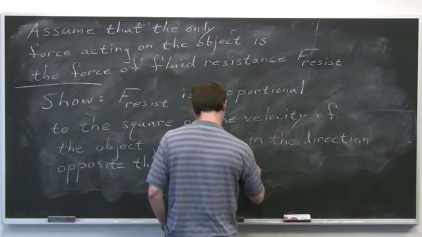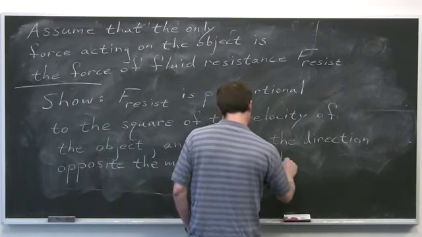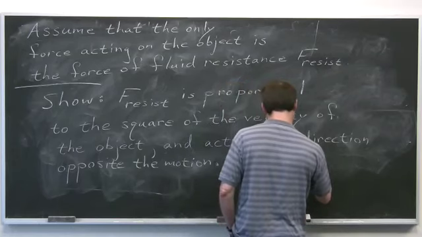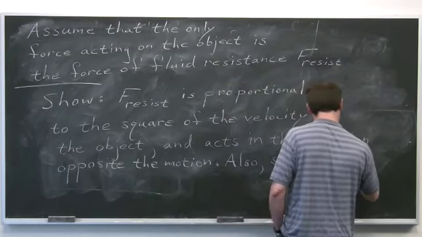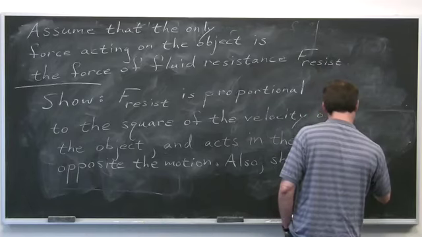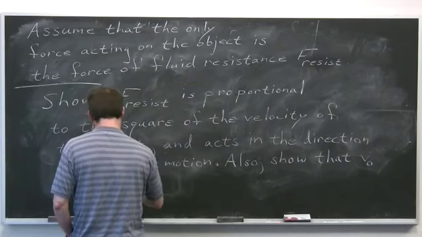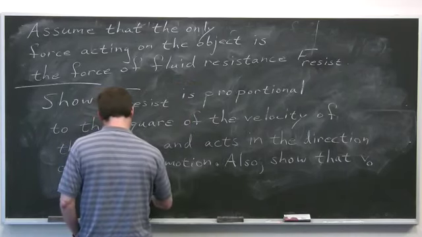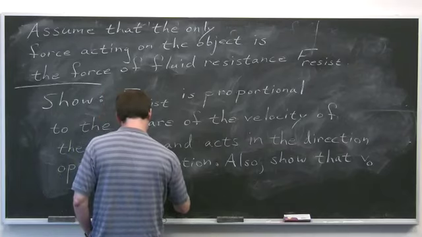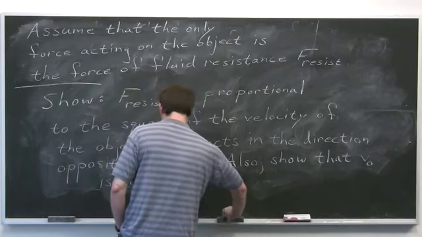And while we're at it, also show that the v naught that I just said was some constant, show that v naught is the initial velocity. So it is the velocity at time 0.